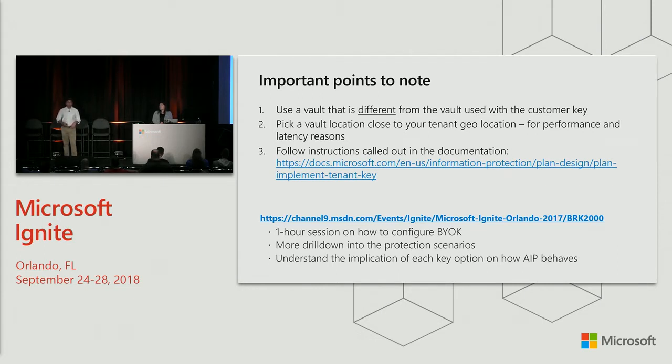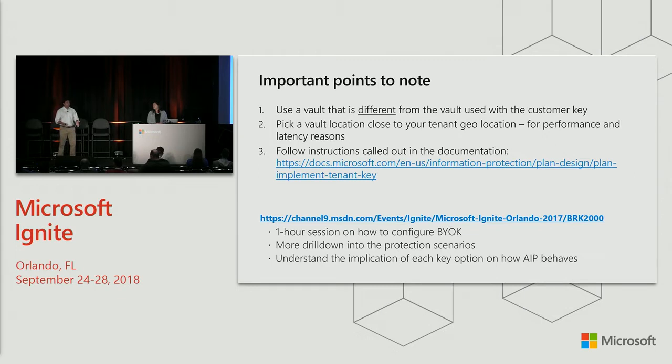Now, what you also need to make sure is that you put your vault as close to your tenant as possible, again, for performance and latency reasons. All of this is documented in the URL that is called out there. So everything is publicly available. All the guidance that you require to implement BYOK with Azure Information Protection and Office 365 message encryption, right there.